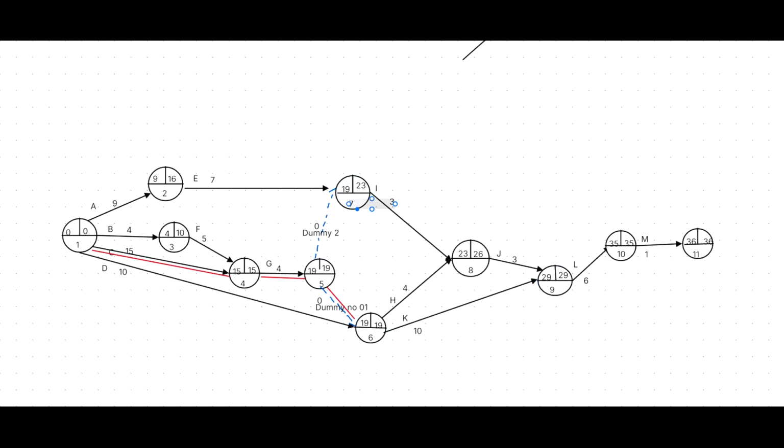Early starting time is not equal to latest completion time, so you can't see the critical path via that. 8th event not equal. Then via the K, we got the 9th event equal value. Then L critical. Finally, M critical. Now you can write down the critical path.